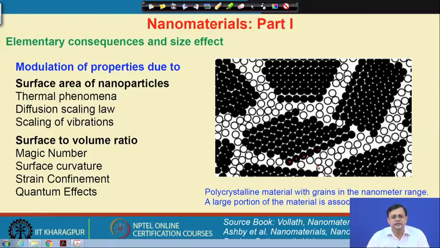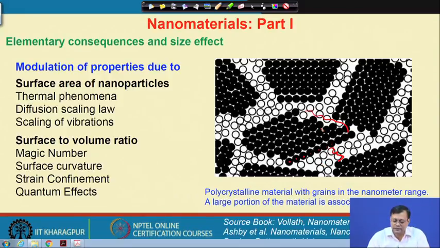One can easily see that if the size scale is smaller, there is how much spacing, 1, 2, 3, 4, 5, 6, 7. So, maximum 20 nanometer within that scale, or 10 to 20 nanometer. So, the amount of this grain boundary is very high.